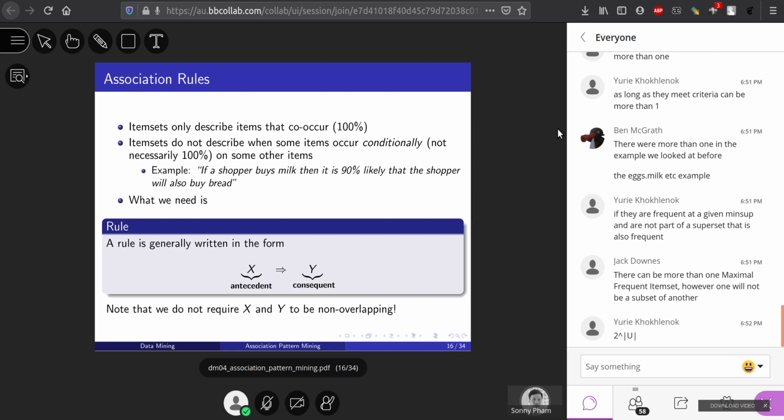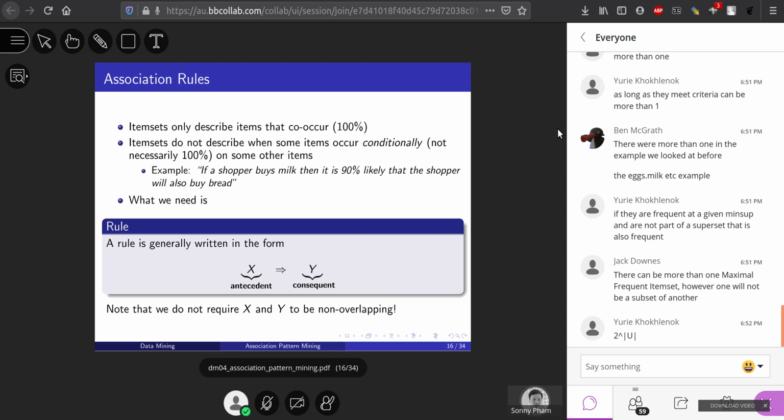Now, you have to be very clear. In Bayesian statistics, what we mean by the left-hand side X is some event that has already happened. Then we are interested in the event on the right-hand side, given that the event on the left-hand side has already happened. For example, if a shopper buys milk, what we would like to know is how likely it is that the shopper will also buy bread.